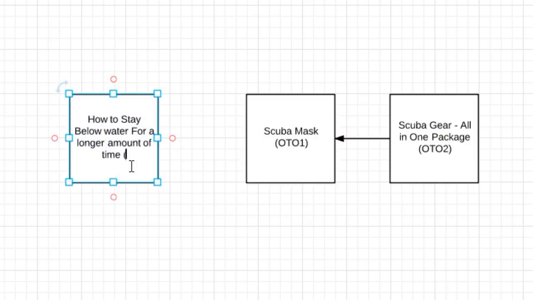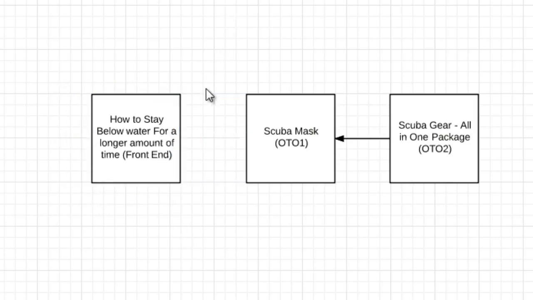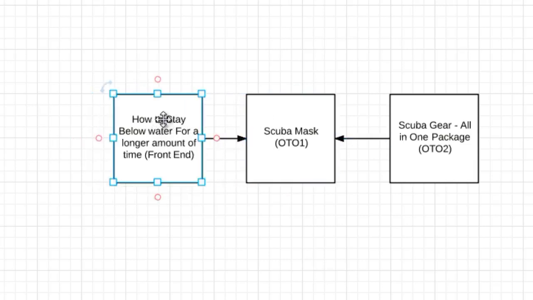So this could be a lead magnet, it could be a front end offer, but let's say, for example, we want to make a course to show people how to stay below water for a longer amount of time, or whatever unique selling proposition essentially solves somebody's problem, right? So they go from here, they're looking to stay below water for a longer amount of time, and then maybe you present them after that.